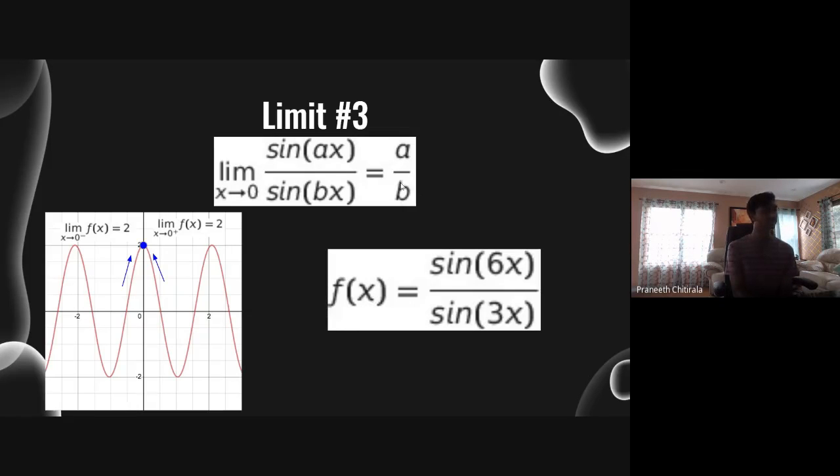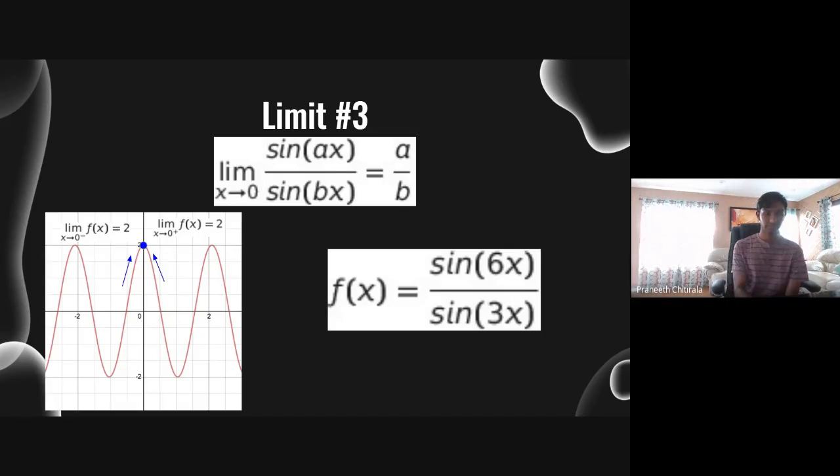Now limit number 3 is the limit as x approaches 0 of sine of ax over sine of bx equals a over b. And this time b is not equal to 0. a can equal 0, but b cannot equal 0 because it'll be undefined. So suppose we have a equal to 6 and b equal to 3.